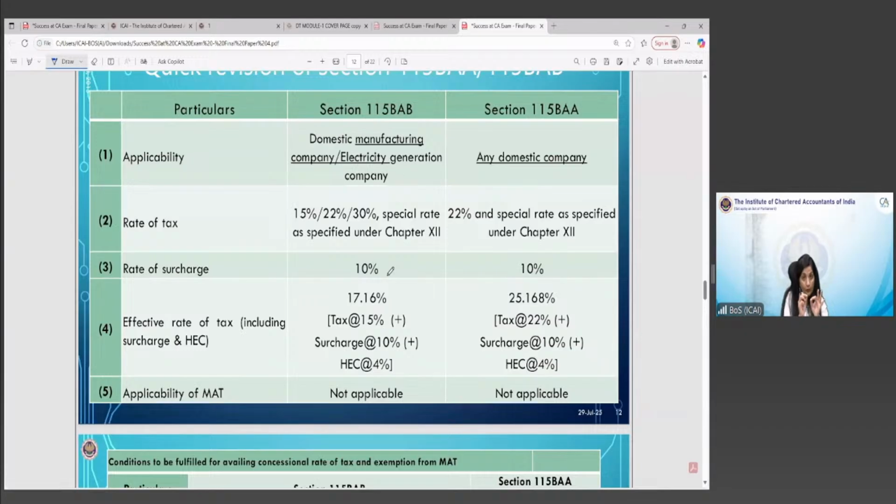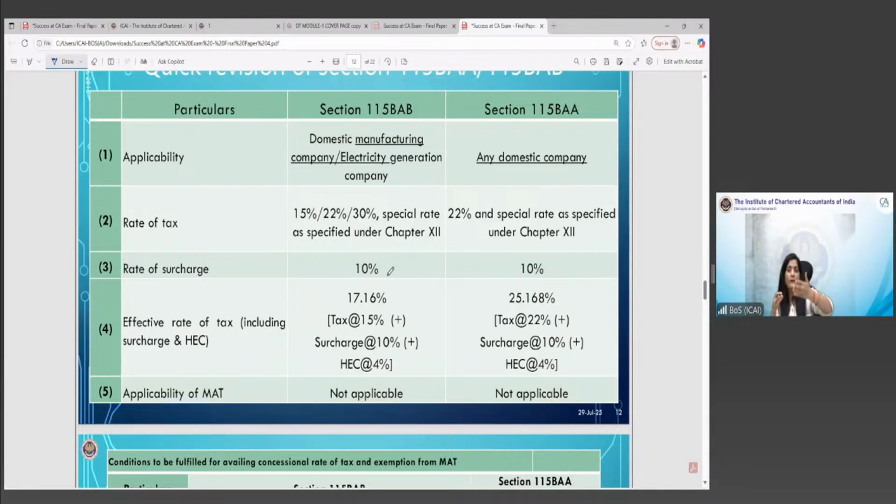So you have to look for that information. What is the turnover of the company? Because if the turnover does not exceed 400 crores, then the company is liable to pay tax at 25%. Then you have to compare this 25% with the concession tax regime, if it is given, as per the concession tax regime 115 BAA.